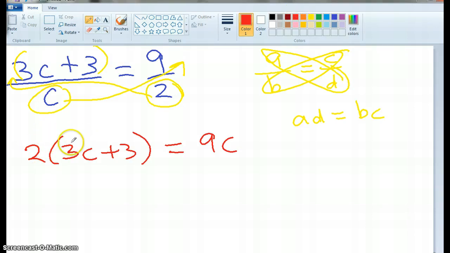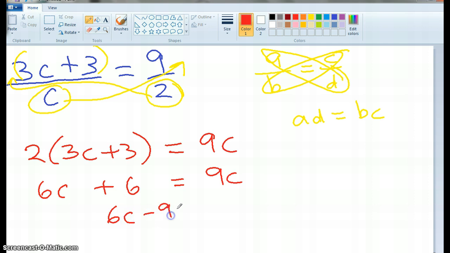Let's expand that. What do we get? 6c plus 3c equals 9c. So 6c minus 9c equals minus 6, minus 3c equals minus 6, c equals 2.